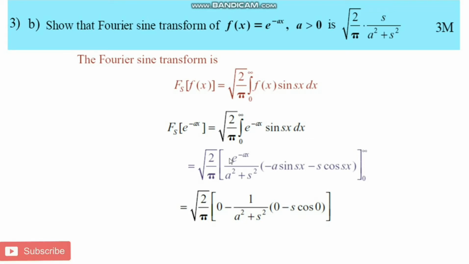Simplify this expression, with x replaced with infinity as the upper result minus x replaced with 0 as the lower result, and after simplification one can obtain square root 2 by pi times s by (a square plus s square). It is the Fourier sine transform of the function e power negative ax.